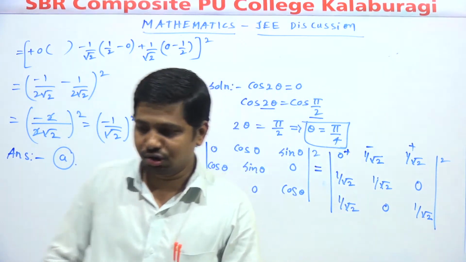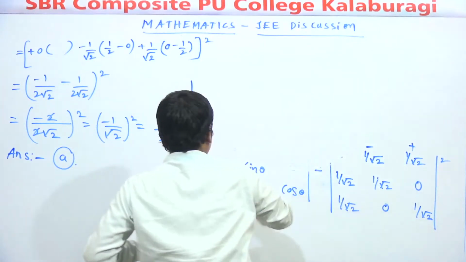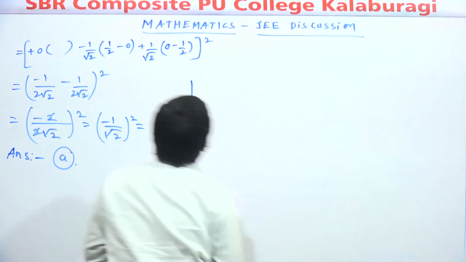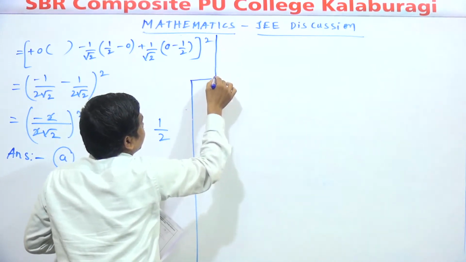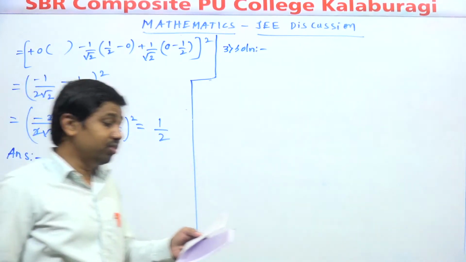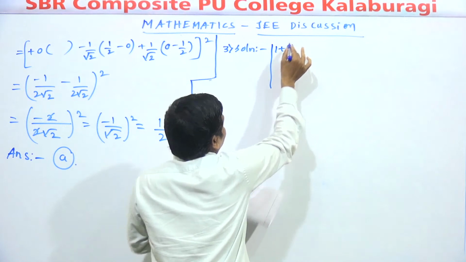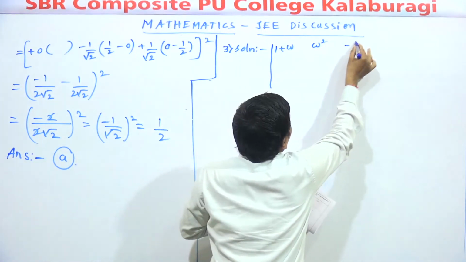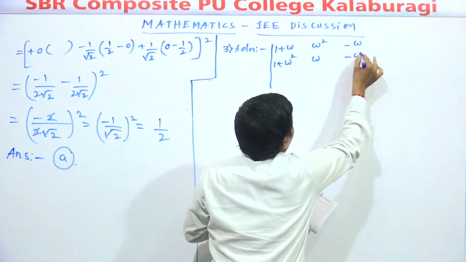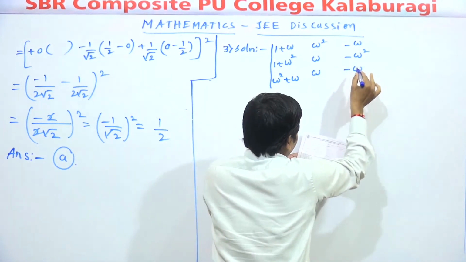Now let us go for the third question. If omega is the imaginary cube root of unity, then what is the value of the determinant of 1 plus omega square, minus omega, 1 plus omega square, omega, minus omega square, plus omega, minus omega square?